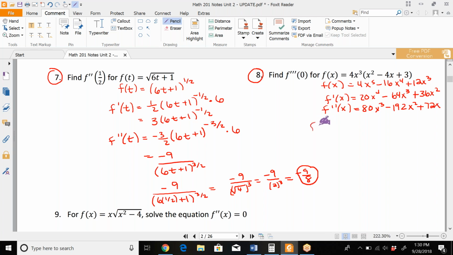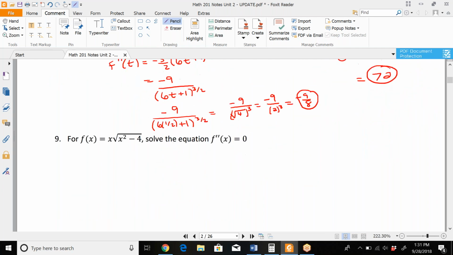And then the third derivative would be 240x squared minus 384, I believe, x plus 72. And notice we're plugging in 0 for all the x's, so essentially the answer just ends up being 72. And again, I think we might have done both of these in class. I just wanted to make sure we covered our bases.